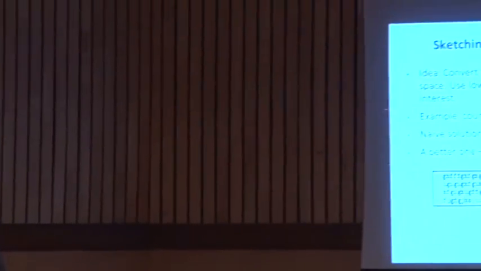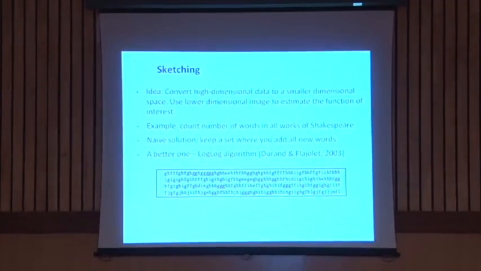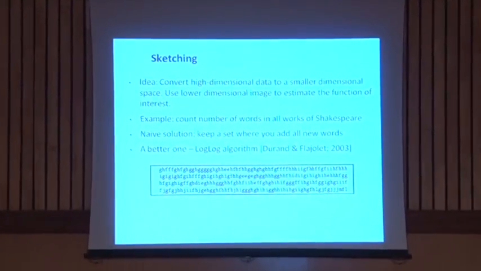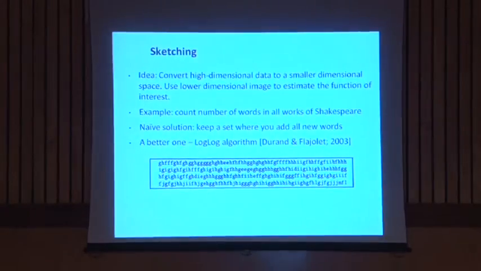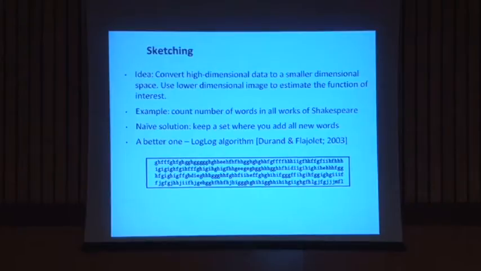Well, it turns out that you can actually do it in real time using some of the sketching algorithms. So, for example, to count all the number of words of the Shakespeare, you can use something like the LogLog algorithm. Again, there is a very good paper published by Durand and Flajolet back in 2003, where they show how to do it.